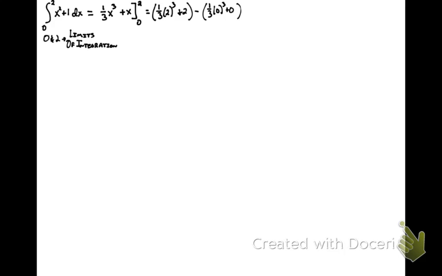When I do this and simplify, 2 cubed is 8, so this will be 8/3 plus 6/3, which is 14/3. Right. So we've calculated the definite integral.